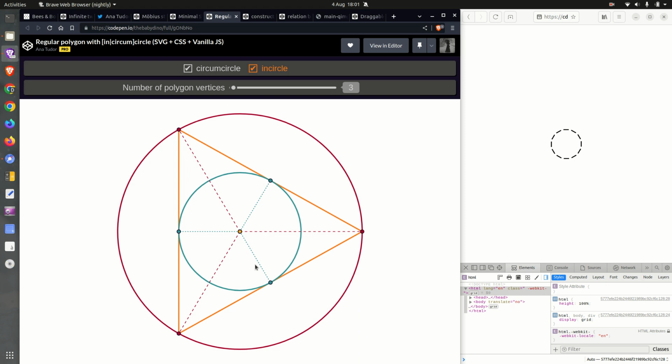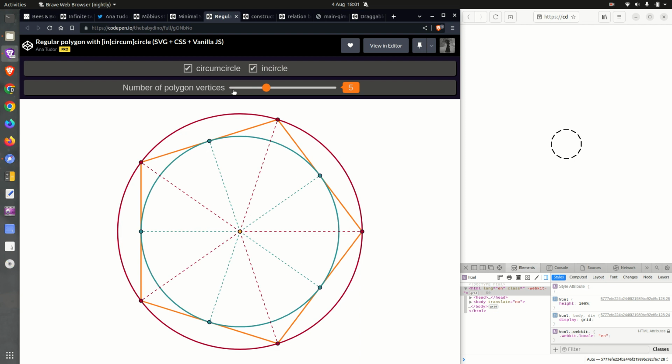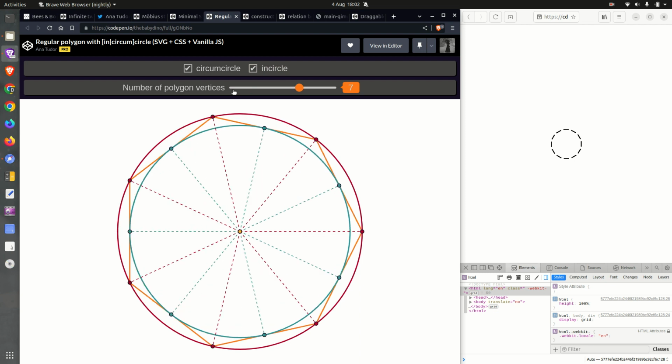And this line, this radial line, also splits the edges into two equal halves, right? So we have a lot of symmetry in the case of regular polygons, and this does not apply just for triangles. It's the same for squares, it's the same for regular pentagons, it's the same for regular hexagons.